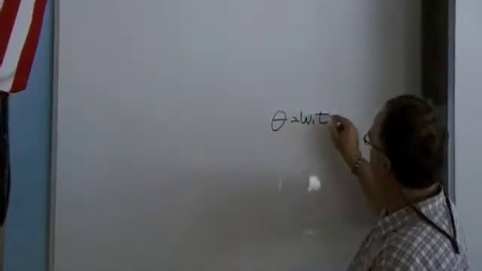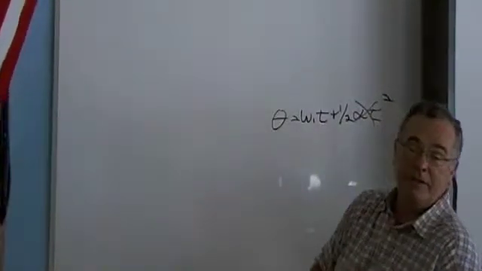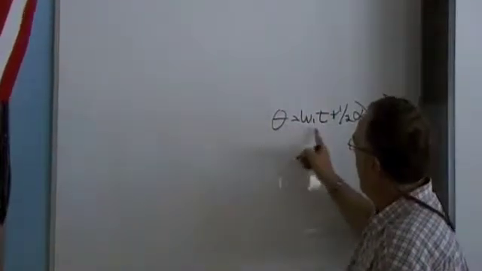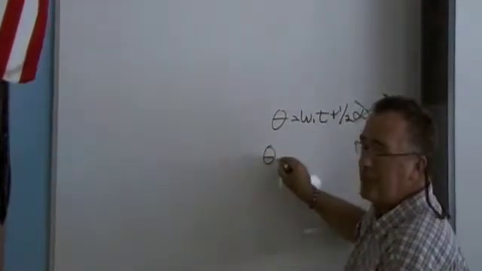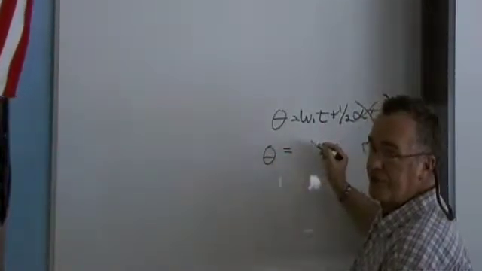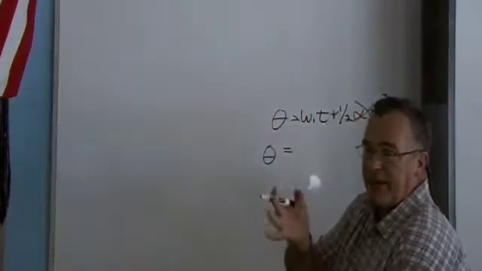Okay. Now, the minute hand. Same thing. We got to use theta equals omega naught t plus 1/2 alpha t squared. The minute hand does not accelerate. Its velocity is constant. So the angular displacement of the minute hand has to equal, the time is still 3,600 seconds. What's the angular velocity of the minute hand?